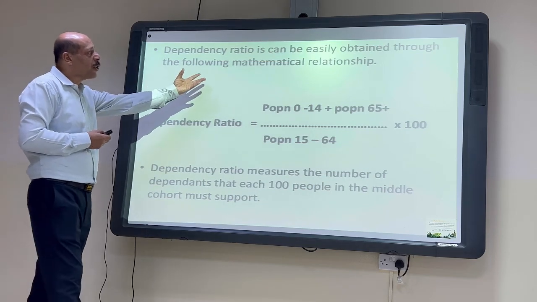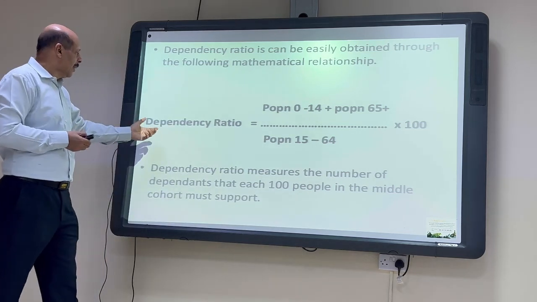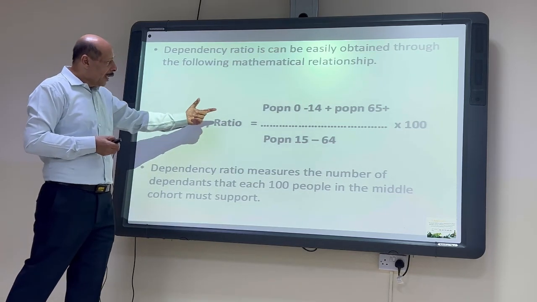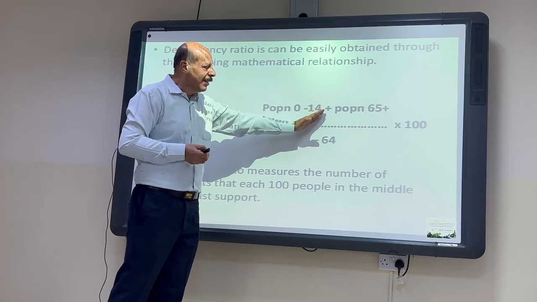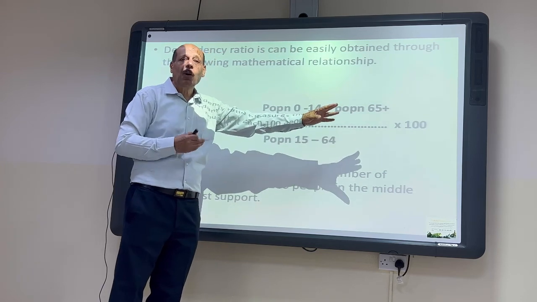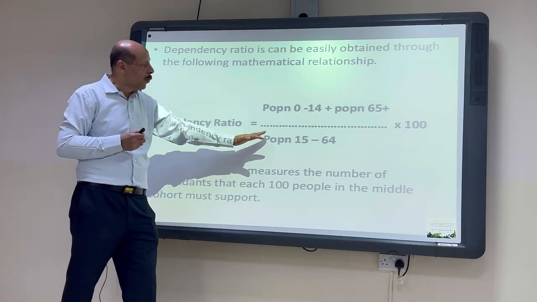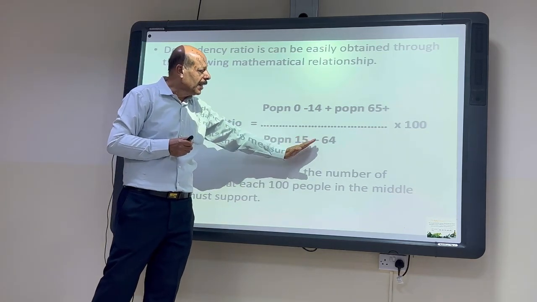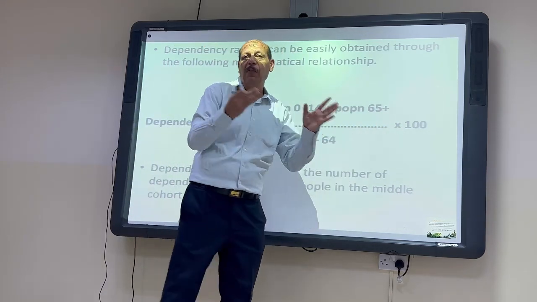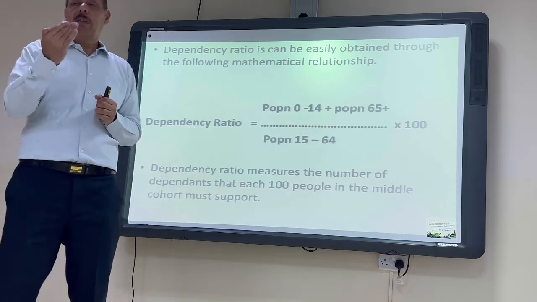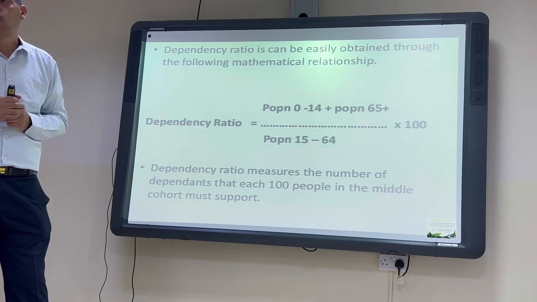The dependency ratio can be easily obtained as follows: the people from 0 to 14 plus the people above 65, divided by the number of population between 15 and 64, multiplied by 100. This gives me the dependency ratio, the percentage of those who are dependent.